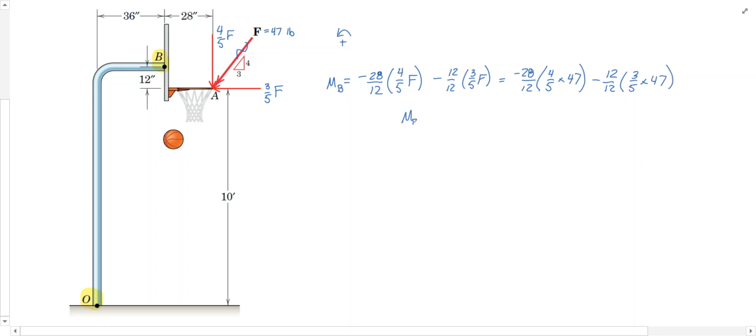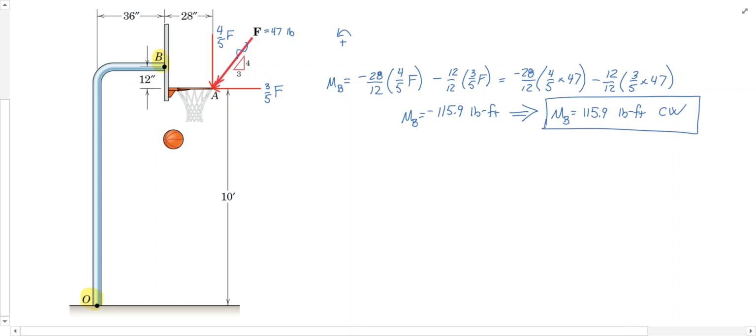And what you would find is that the moment around B is equal to minus 115.9 pound-feet. And so we could write this as MB is 115.9 pound-feet clockwise, and that is our moment.